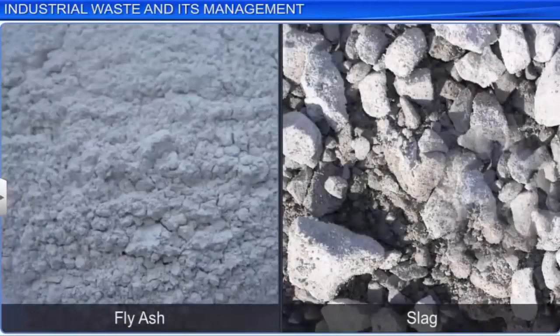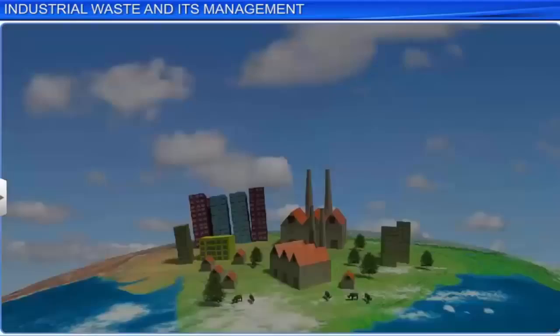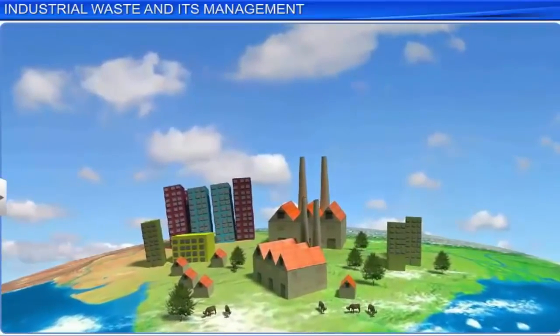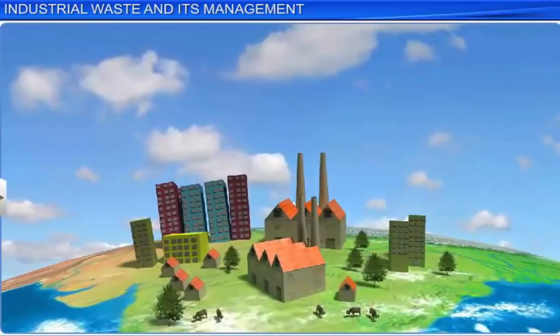Another example is the use of fly ash and slag from the power industry and steel industry by the cement industry. Such measures reduce pollution by controlling waste and are known as waste management.